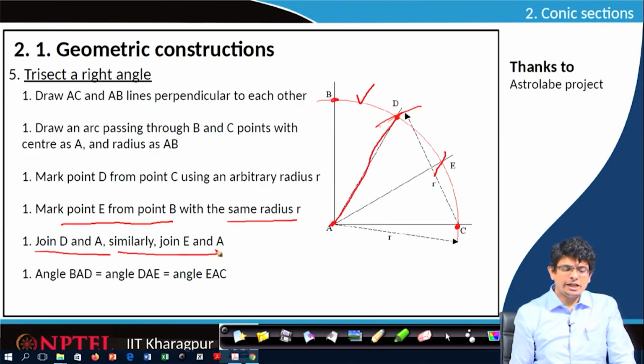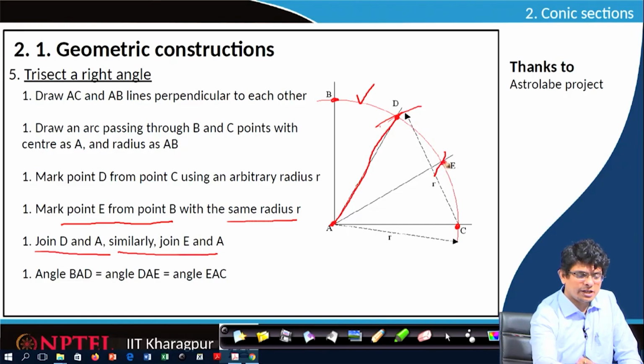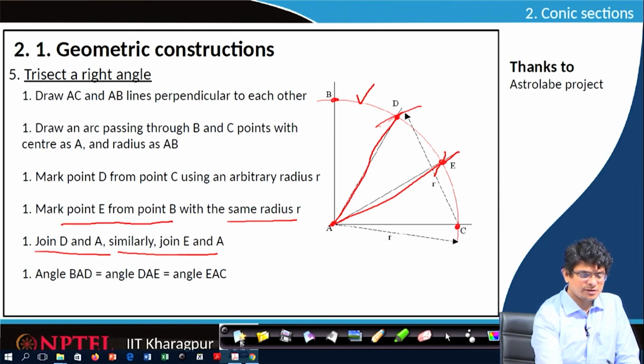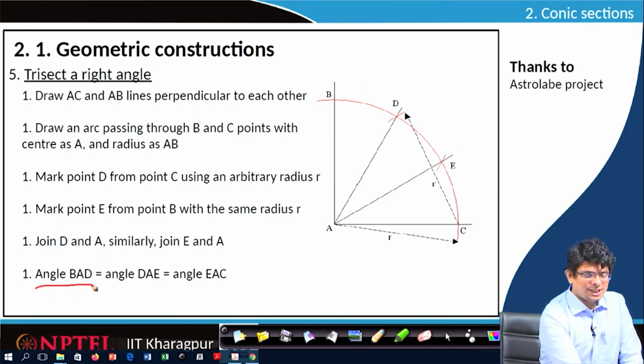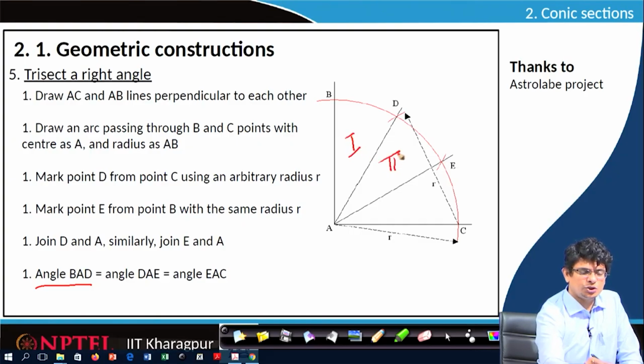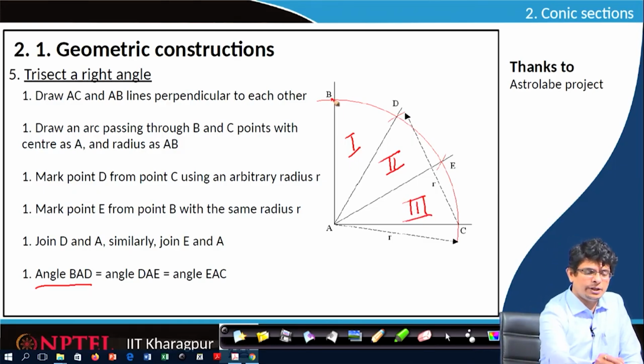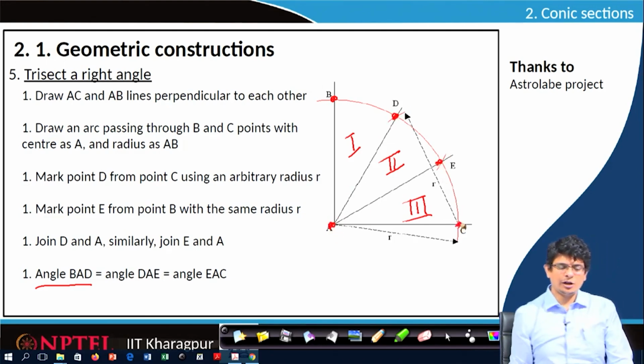Similarly, join E and A. Once it is done, we have three portions, 1, 2 and 3 parts. So, angle BAD, angle DAE, angle EAC, all are equal.